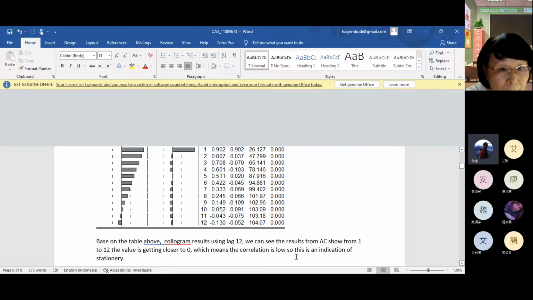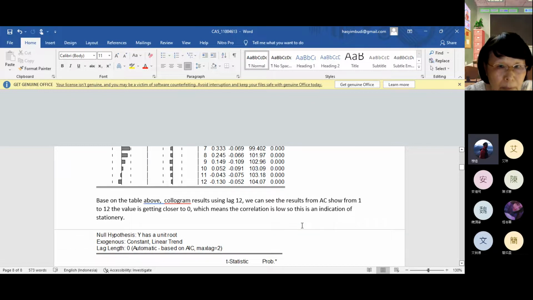It means an indication of stationary, because it's close to 0, but it will be up to the 10th lag.